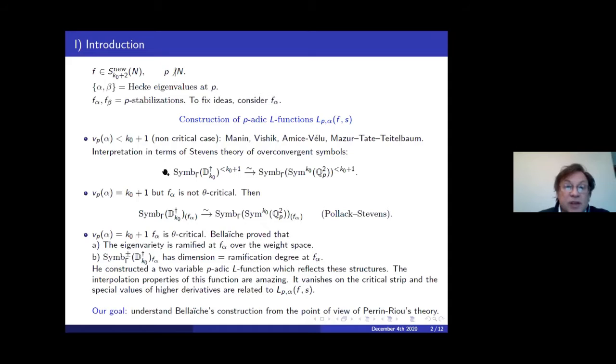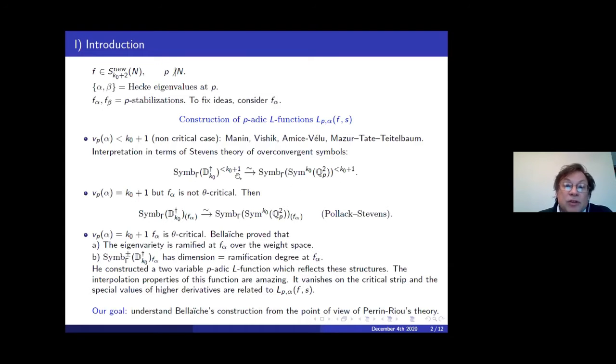So Stevens constructs the space of overconvergent symbols of weight k0 with respect to the congruence subgroup gamma, which comes from gamma_1(N), and we add the level p^2. There exists a natural arrow from the space of overconvergent symbols to the space of classical modular symbols.